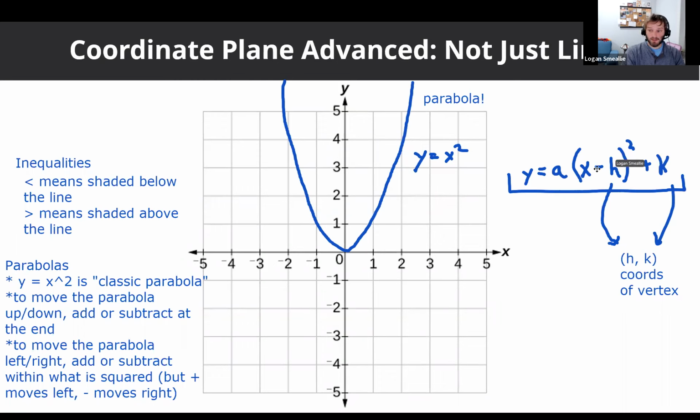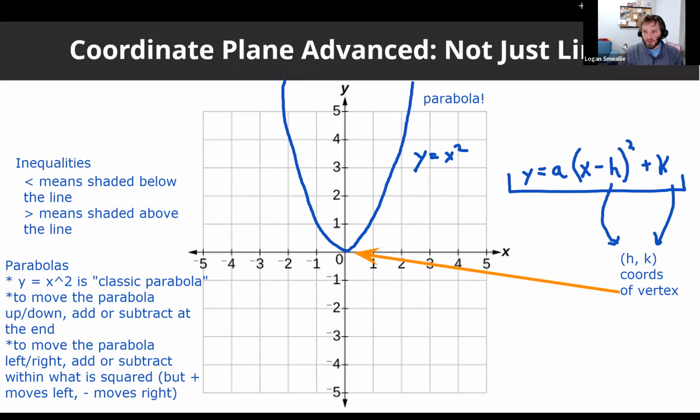When we added 2 inside, which would make h itself a -2, we started at an x of -2. So if you ever see this sort of subtracting and adding going on with a parabola, h being what's inside the parentheses and k being what's tacked on at the end, those are the coordinates of your vertex. Right there, the bottom point.